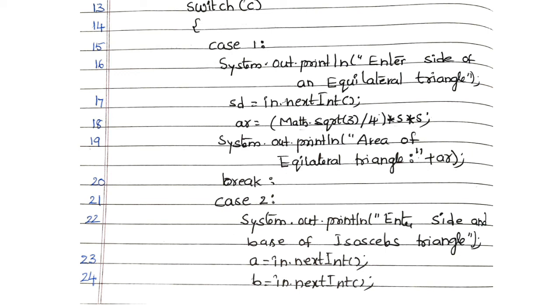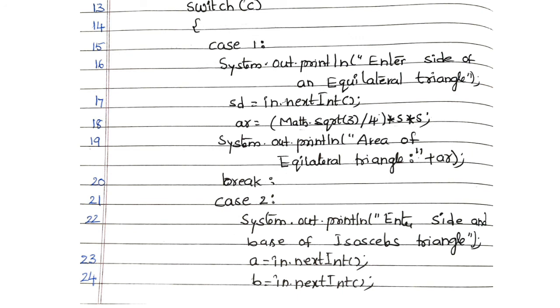What they had given in the question, that only I have written here. Area is equal to Math.sqrt of 3 by 4 into s into s. Now I would like to print the output of the area of an equilateral triangle in the first case. And the next one is the break statement, and it is the close bracket for case 1. And go to case 2.